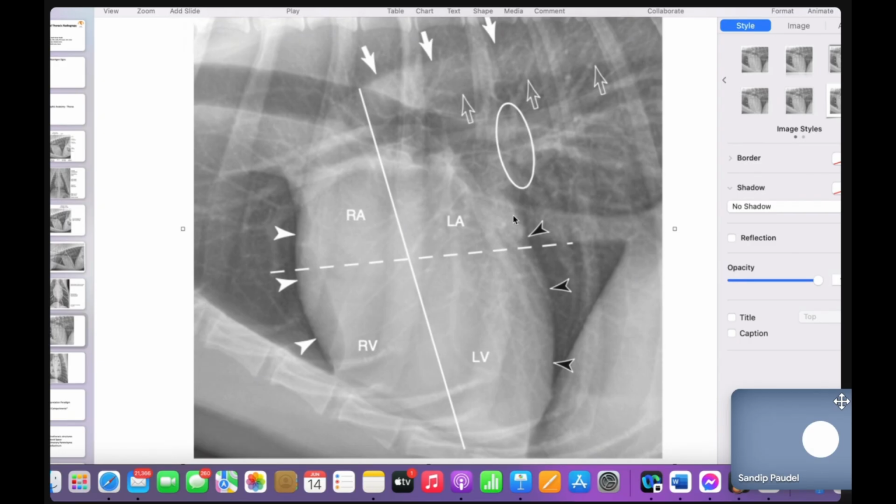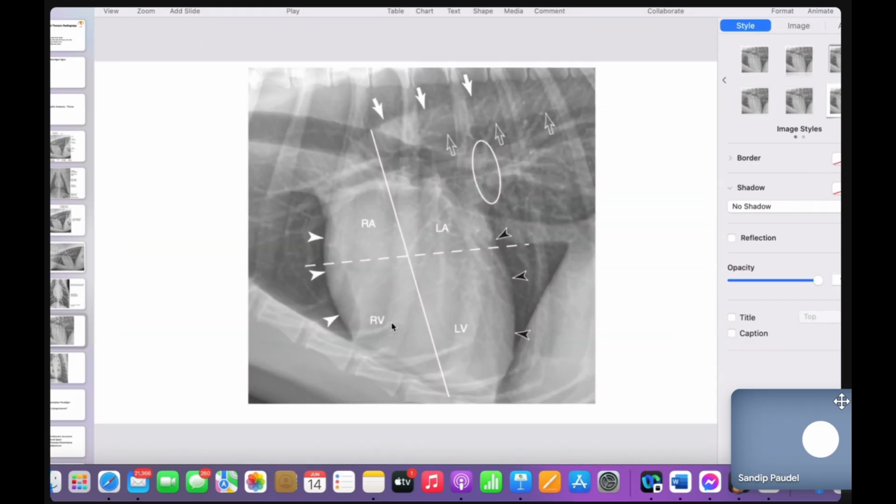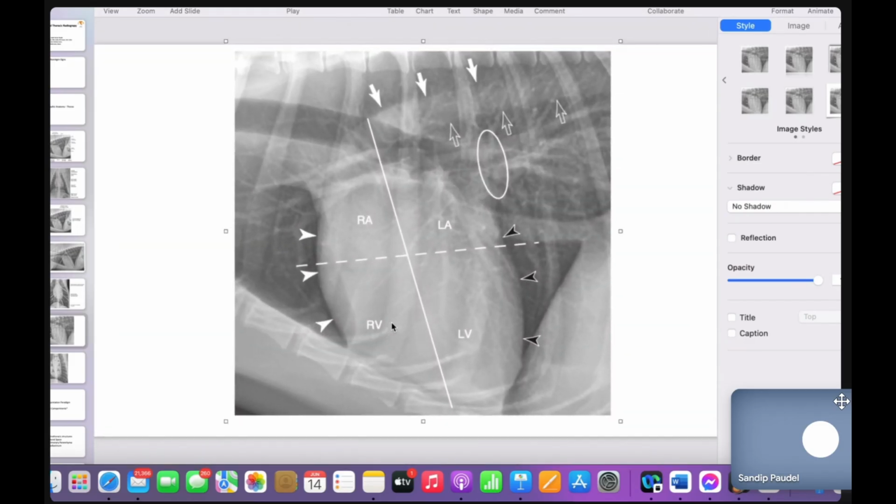Here there is one margin, another margin is down here, and this is the aorta, and right, left. So always in lateral projection, the right atrium will be at the front in the cranial area, and the left will be in the caudal area. So right, left, right, left. This is how we have to try to understand.